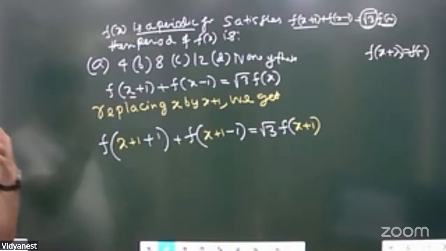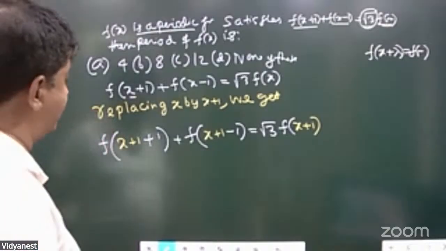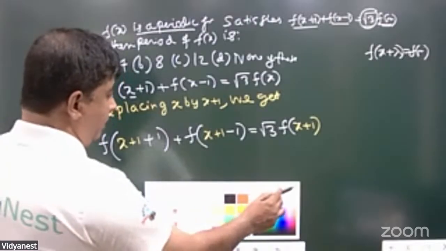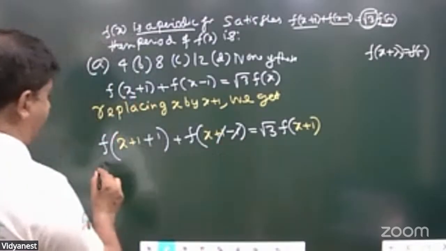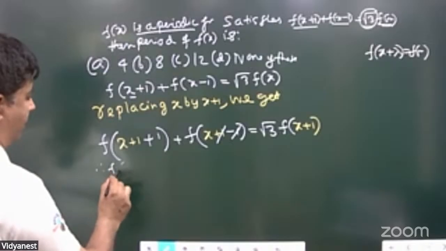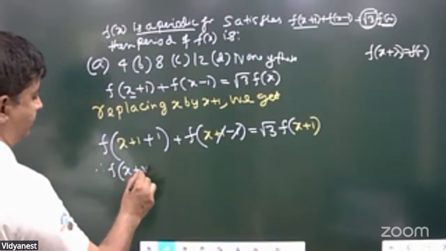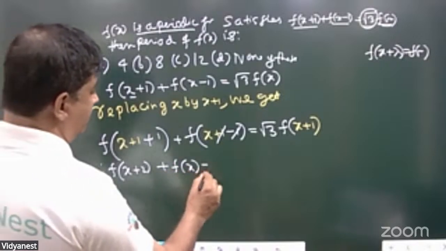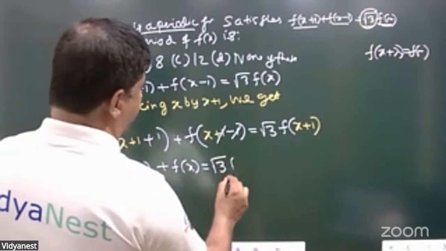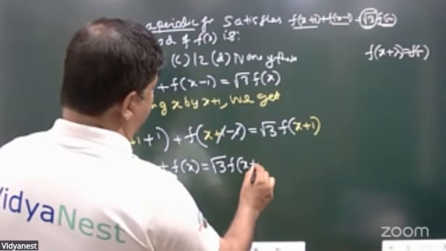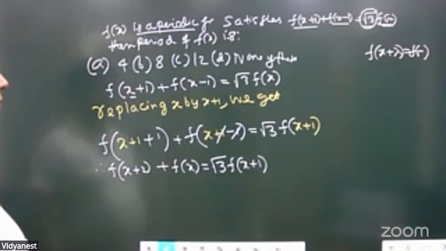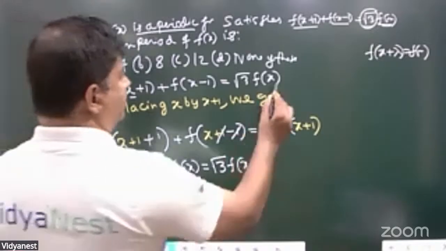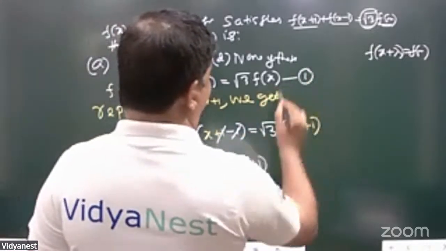Okay. So what does it give us? Nothing but cancellation of this 1. So you have got f(x+2) + f(x) = √3 f(x+1). This is denoted as equation number 1.